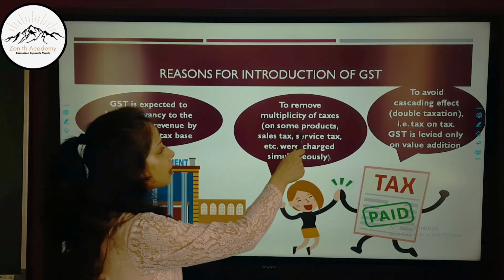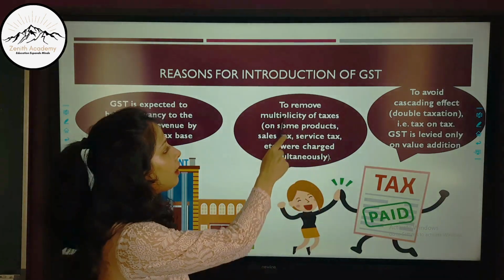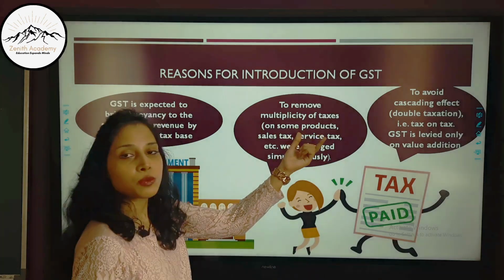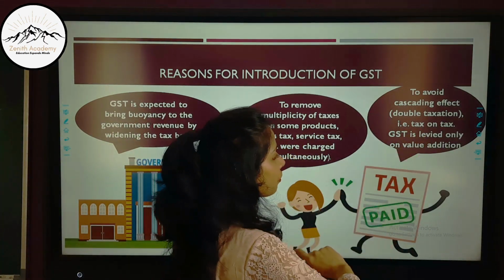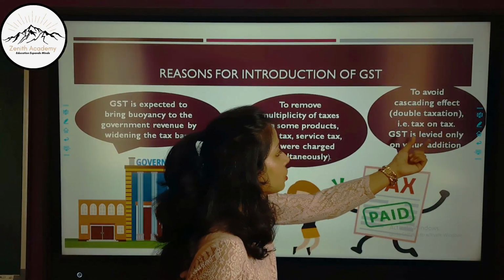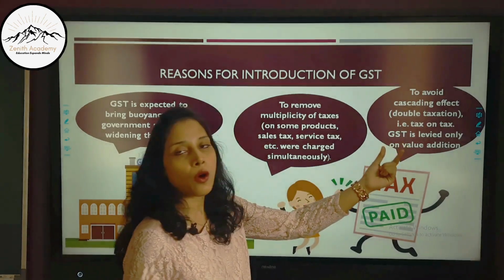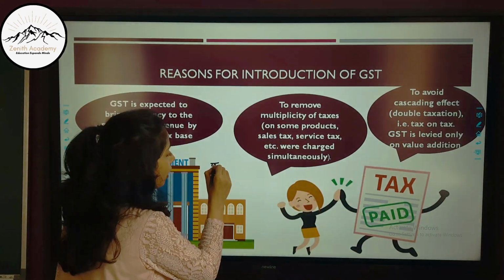So when GST was introduced, all these taxes were abolished, and hence multiplicity of taxes was removed. Last, to avoid cascading effect, that is double taxation, tax on tax, GST is levied only on value addition, as we learned in our previous slide.